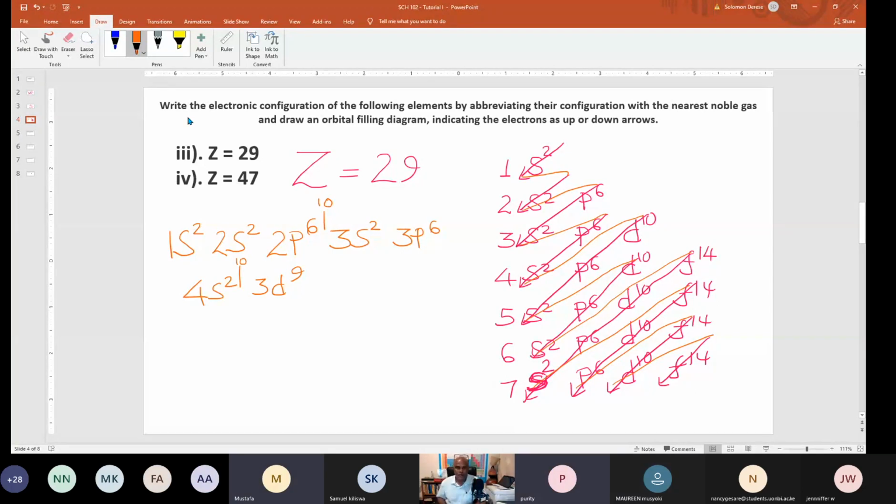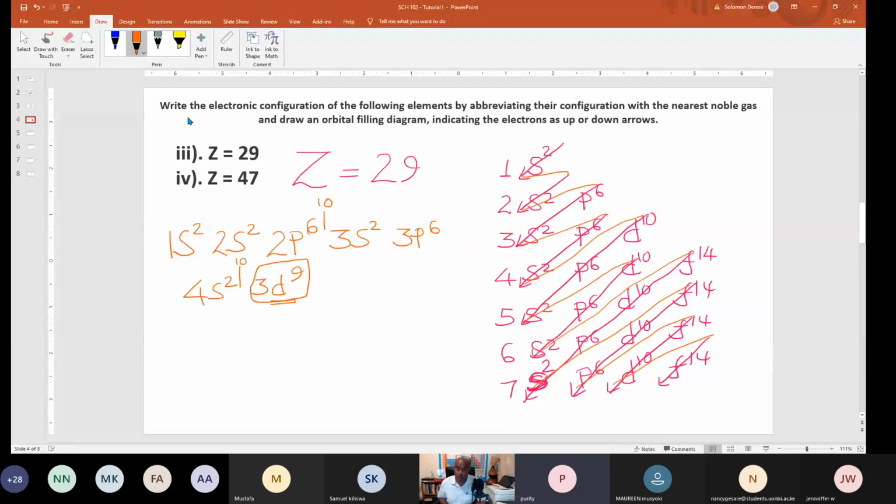So when you look at this, the 3d9, in order to have a complete orbital, because you remember the D subshell carries a maximum of 10 electrons, in order to have a complete subshell, it only needs 1 electron.